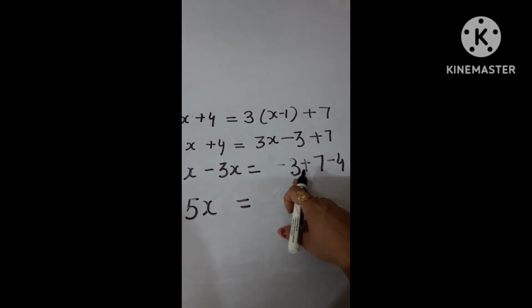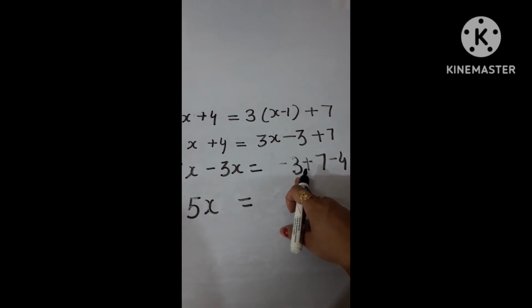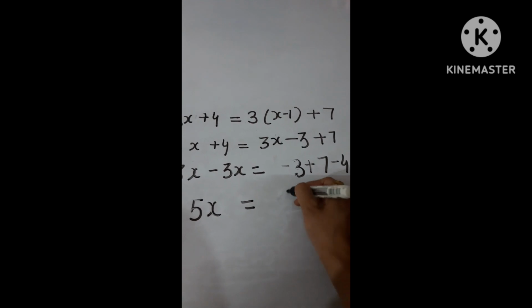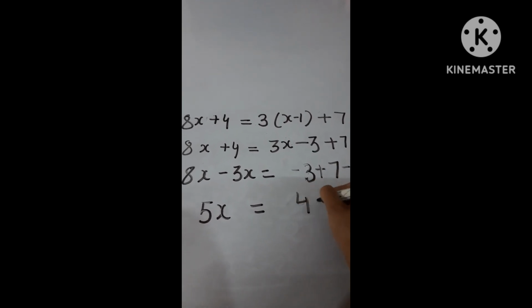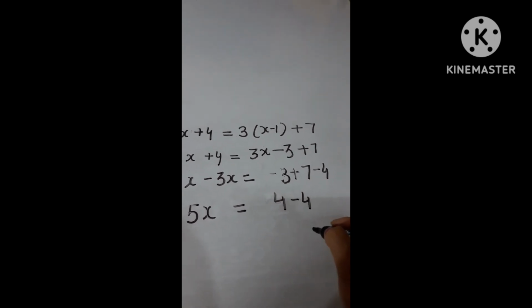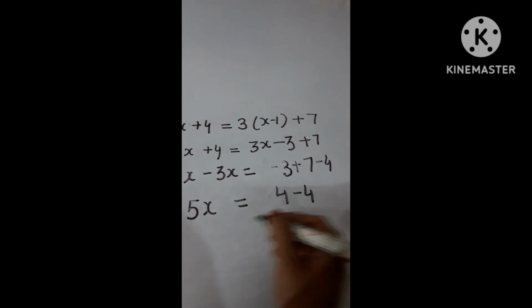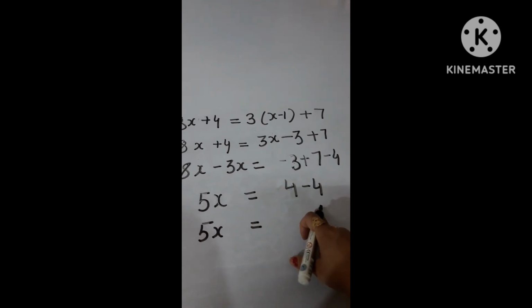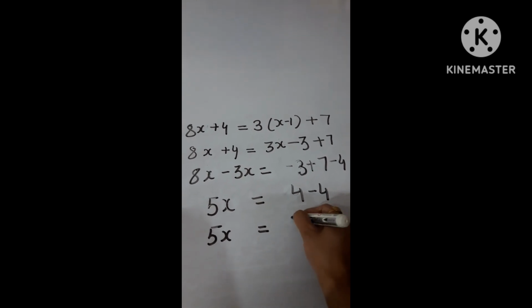So 7 minus 3 is your 4. Okay, and the sign of 7 will come because this is the bigger term. Okay, so 4 minus 4. So 5x will be equals to 4 minus 4 is what? 4 minus 4 is your 0.